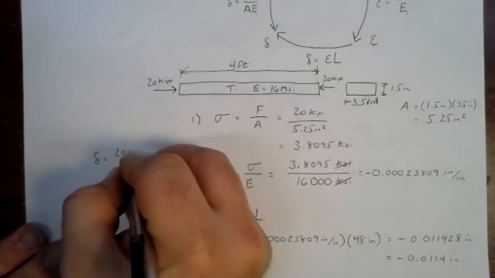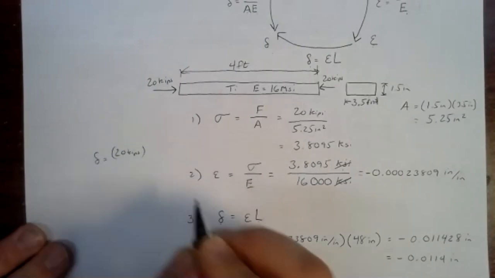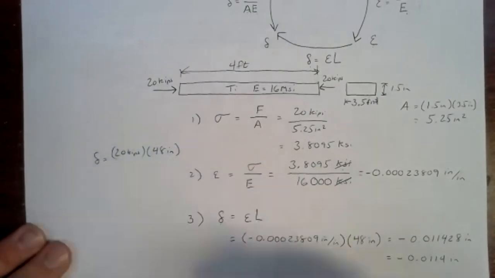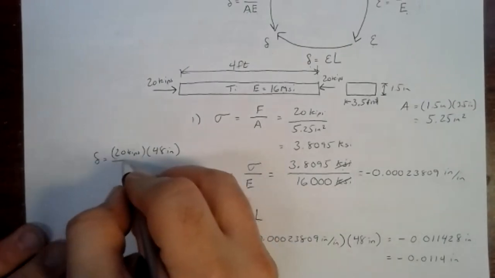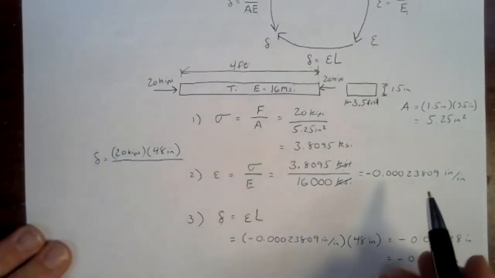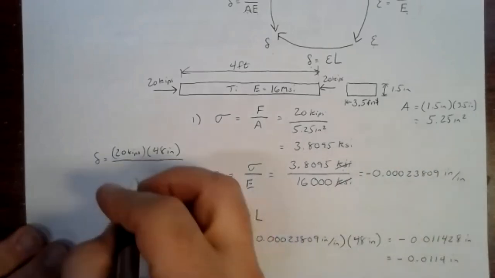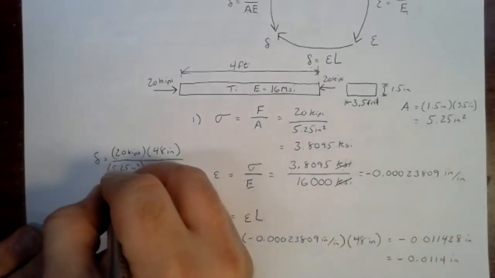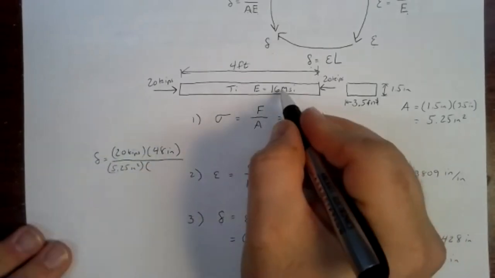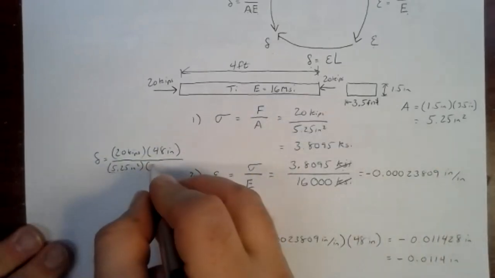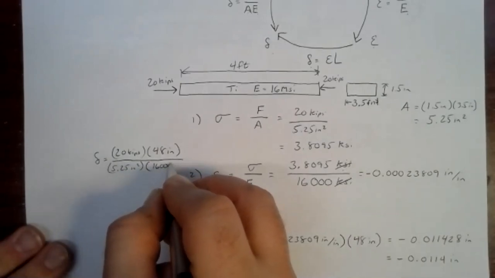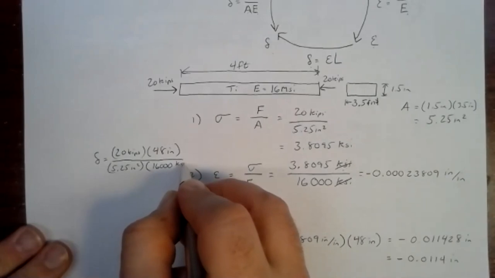So I'm going to put in 20 kips for my force. My length, I'll go with that 48 inches because I want my final answer in inches for this one. The area was 5.25 square inches. And then I've got 16,000 PSI or KSI, and I'm going to write that as kips per square inch.